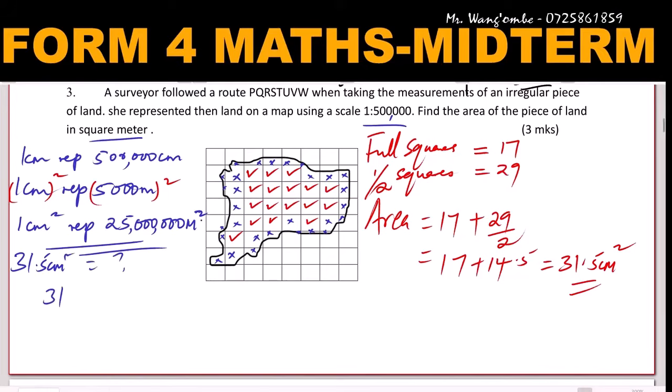We need to multiply 31.5 by 25 million, and this will give 787,500,000 meters squared.